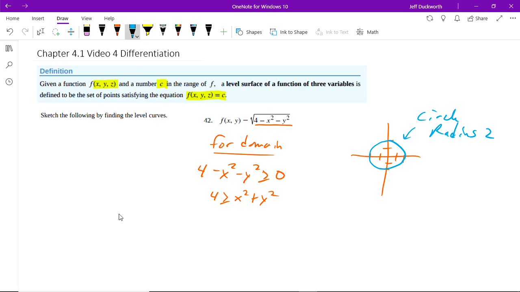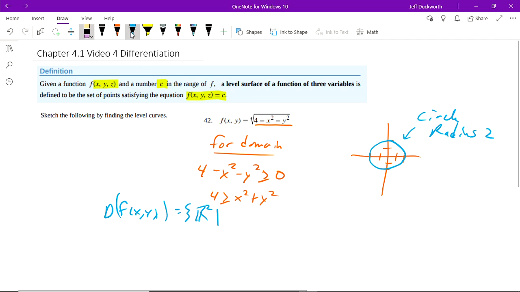So let's domain our function. Just looking at these anyway, we don't have a z component in there, so this is going to be R2 we're going to use, and we're taking this 4 minus x squared minus y squared. Well, I guess we've already solved for it, so I don't have to do that again.